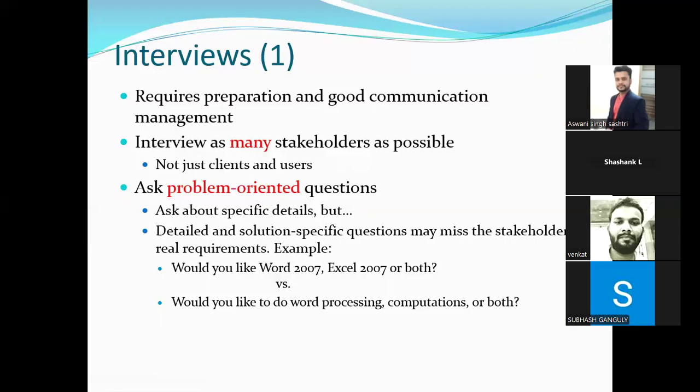Now here two questions are available. First question is, would you like Word 7, Excel 7 or both? Second question is, would you like to do word processing, computation or both? Just assume you are going to interview one of the stakeholders in your team and you want to gather requirements.